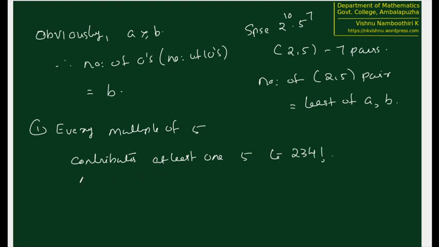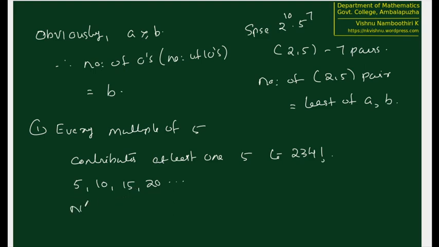So what are those numbers? There is 5, 10, 15, 20, etc. Now how many multiples of 5 are there up to 234? So in 234 factorial, how many 5s will be there?